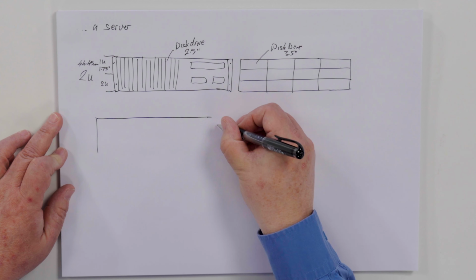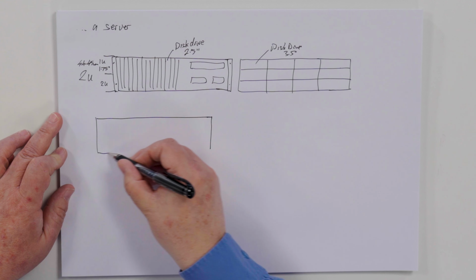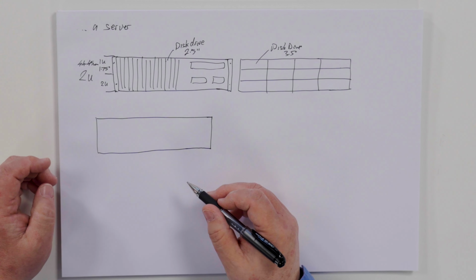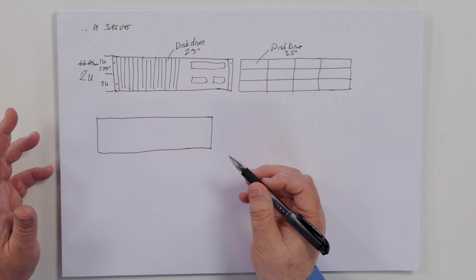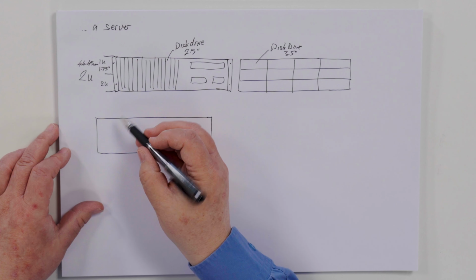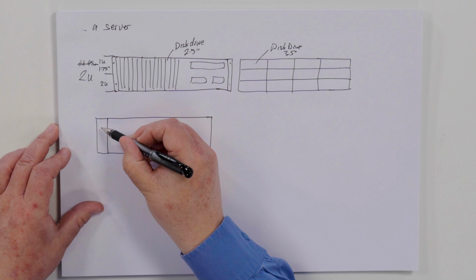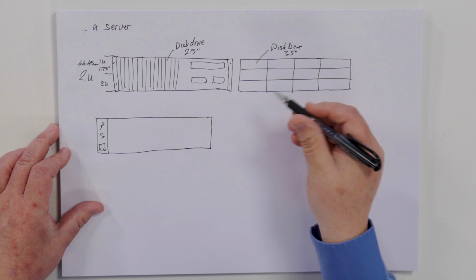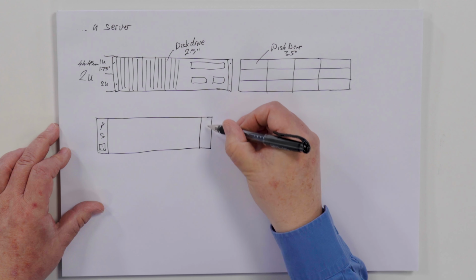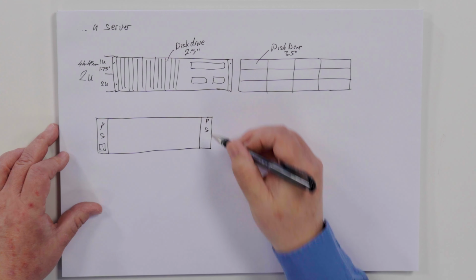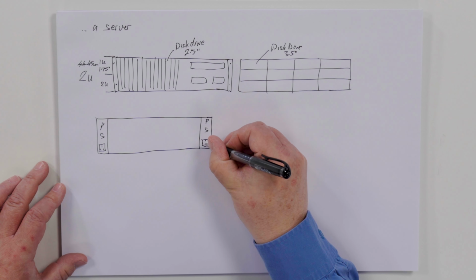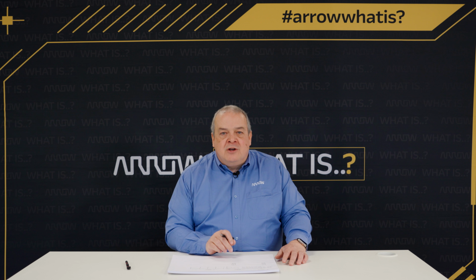then we have the space to be able to install option cards that enable the server to connect to the outside world. So the first thing that we will have in the rear will be a power supply. Now for resiliency, and this is one of those key things about data center class technology, what we're trying to do here is to make sure that there is no single point of failure.